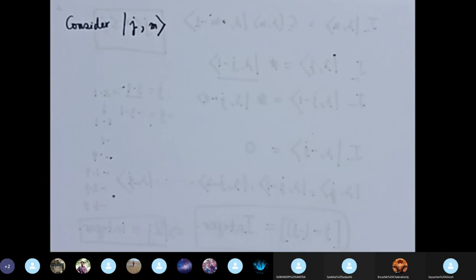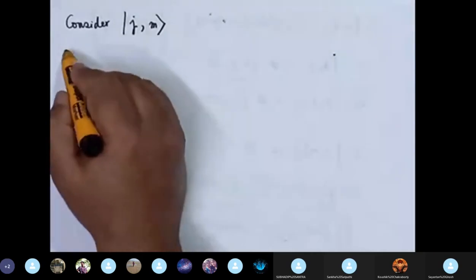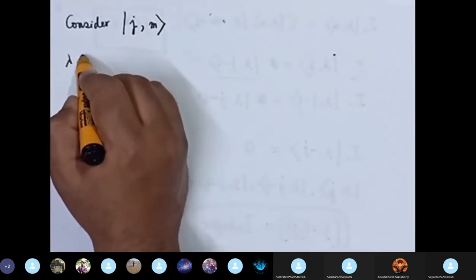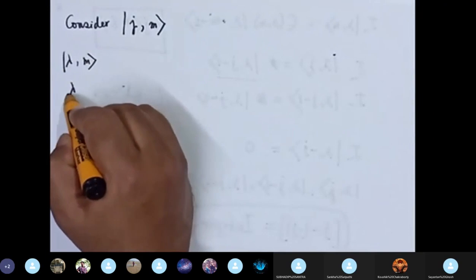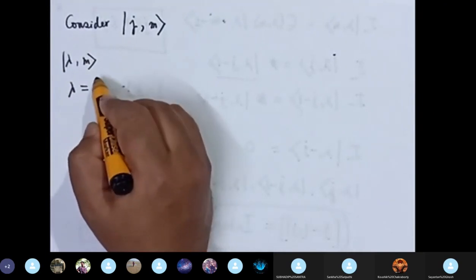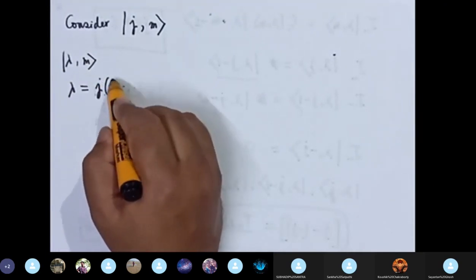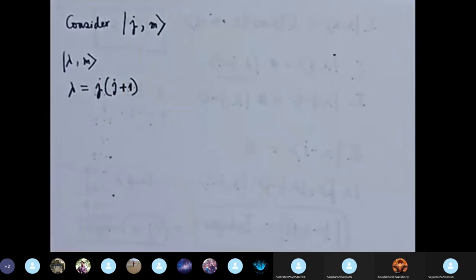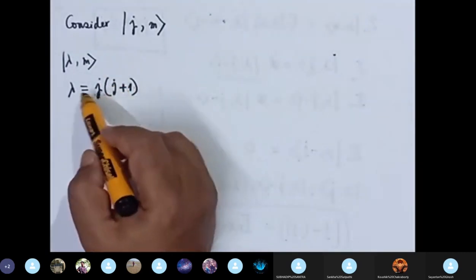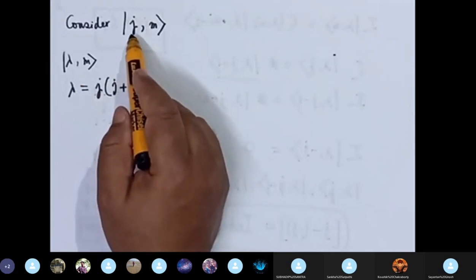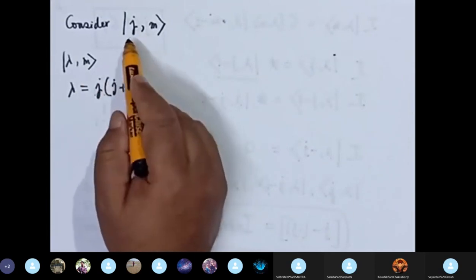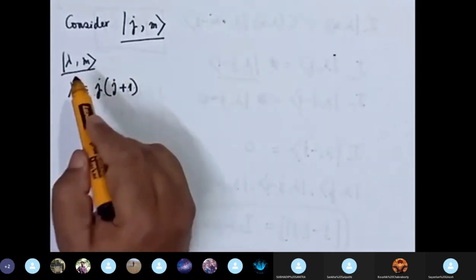This is the state lambda, which I can write in terms of the maximum value of m by this. So instead of marking this state by lambda, I have now put J here. So Jm is the same as lambda m.